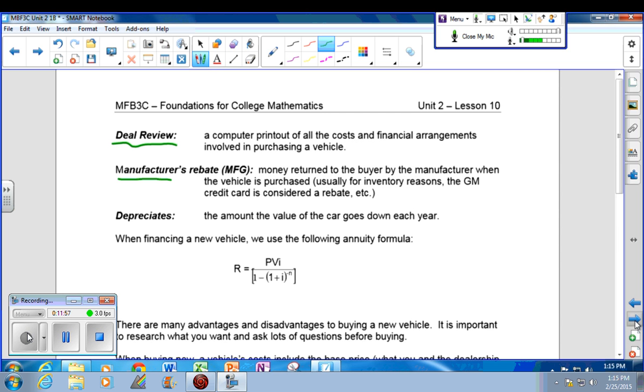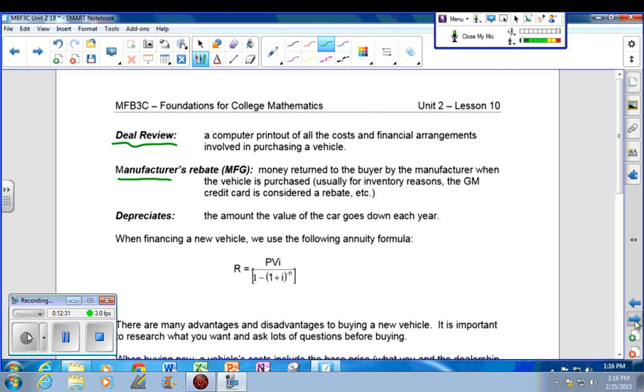If you're switching from one maker's vehicles to another, sometimes they'll give you a rebate, and they sometimes will put that in the deal review, and sometimes you just have to wait after you've made the purchase and you get a check in the mail. Okay, so that's rebates. It's very common to get rebates. Most dealers will just calculate it into the price, so you never really see the rebate, but then it reduces the cost of the vehicle.